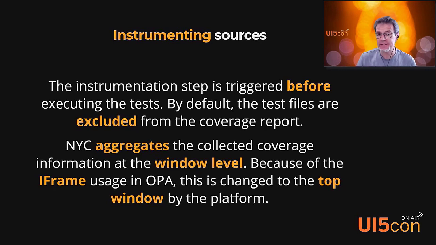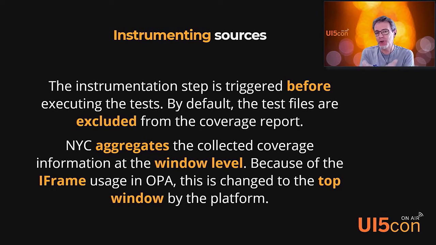The problem is that since we're using extensively OPA iframe mode, it means that the window in which the code coverage information is collected is dropped at the end of the test execution because we shut down the application at the end of each journey.